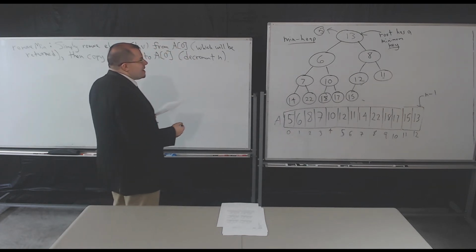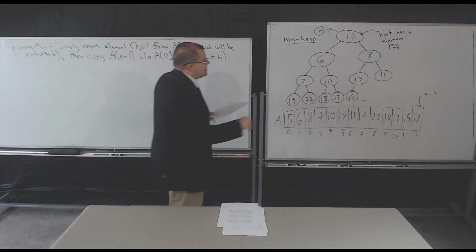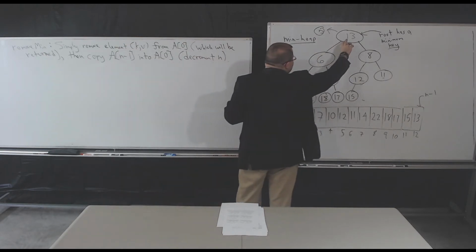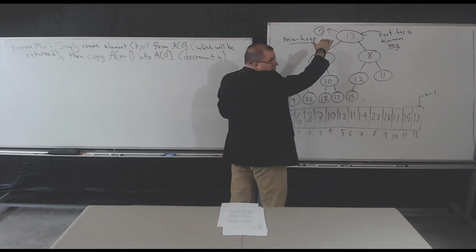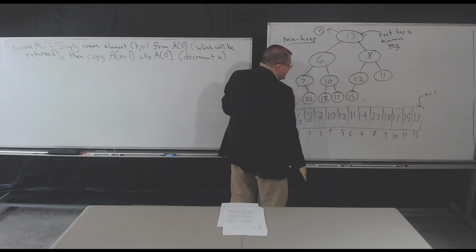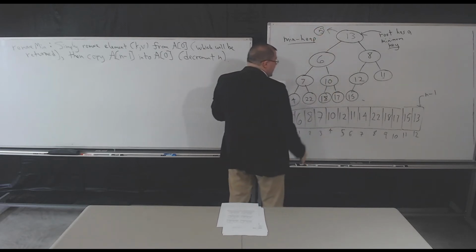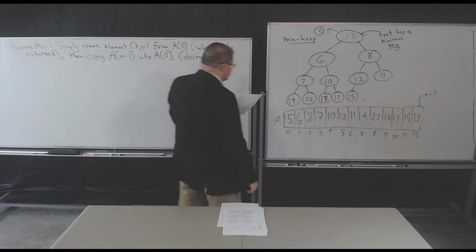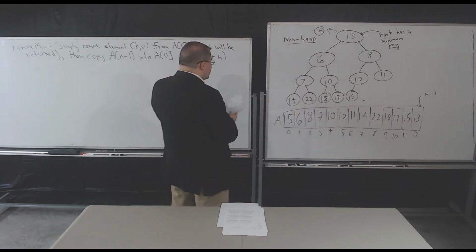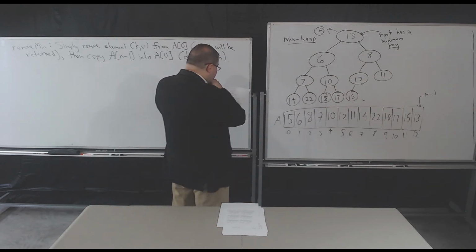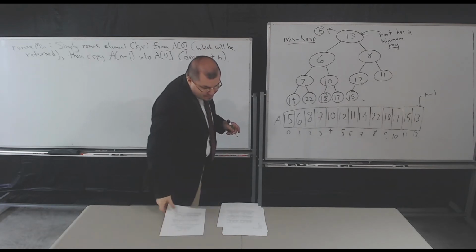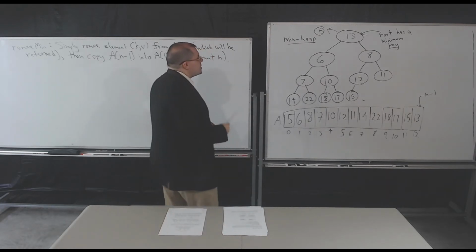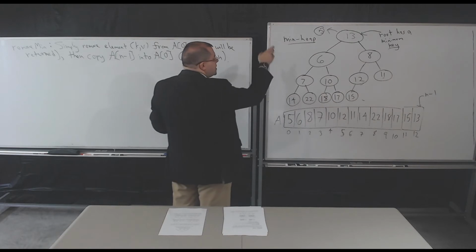I have to be a bit more careful here. 13 definitely needs to sink, but I don't know where it should sink. Do you see anything interesting here that I can take advantage of?